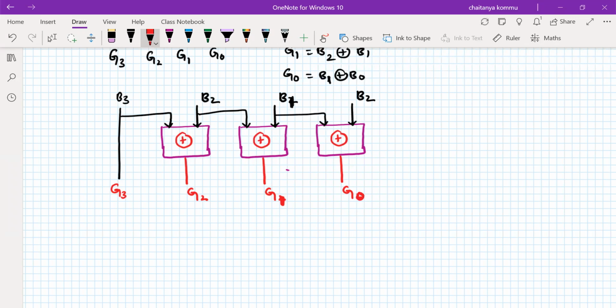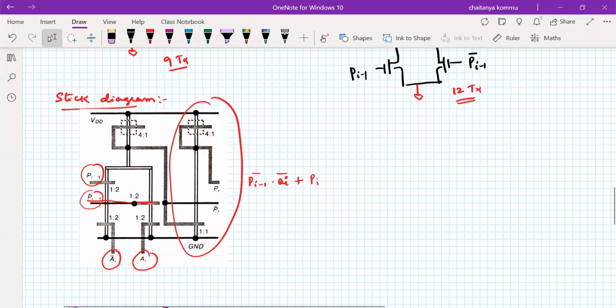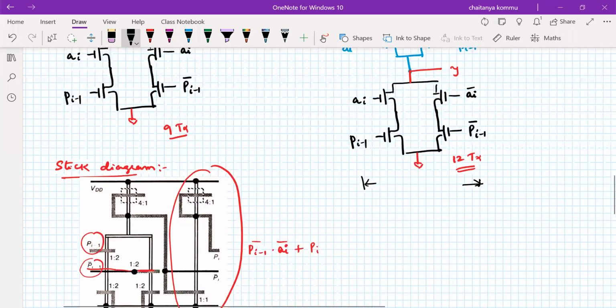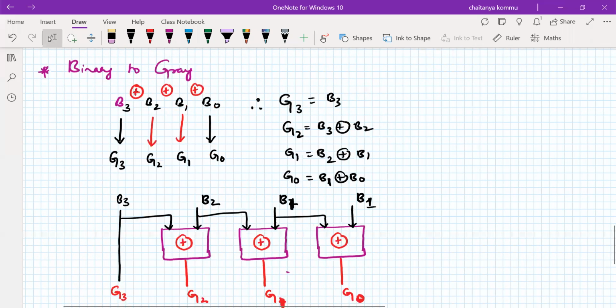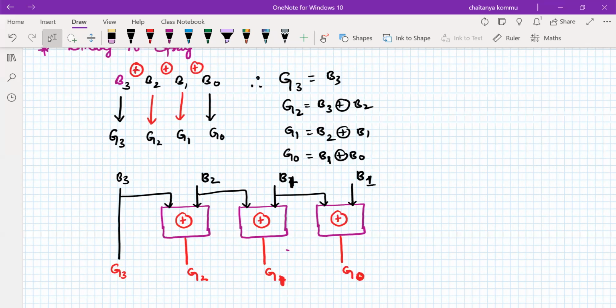So this is called B1. Take whatever XOR gate that we have generated here, we have to use it three times and we can generate the conversion. Okay, the similar concept is applicable for the gray to binary. Of course, we are not going to draw the circuit diagram for this one, because it is a replication of the same thing only.